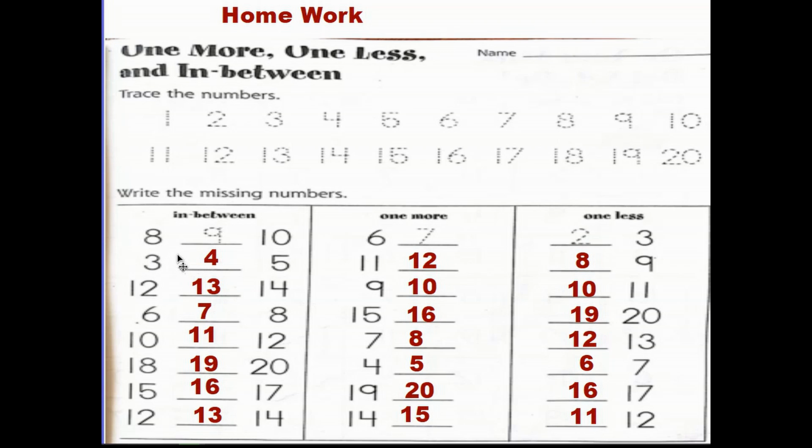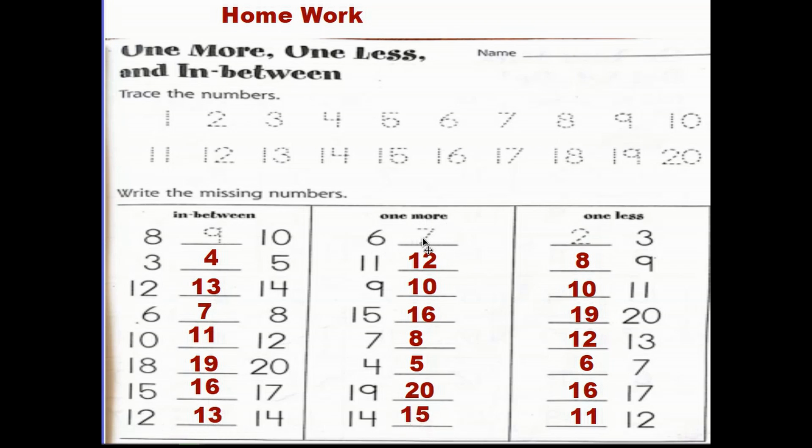Here, what is missing is 9. Second, 4. 4 is between 3 and 5. And here, 13, 7, 11, 19, 16, 13.